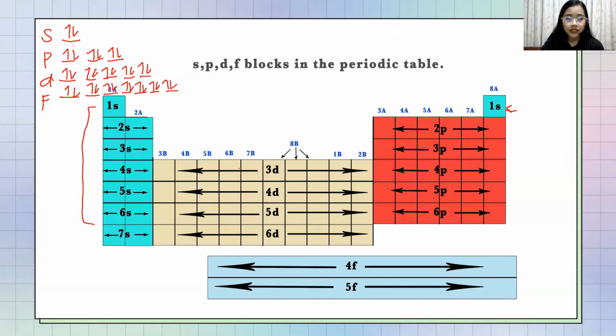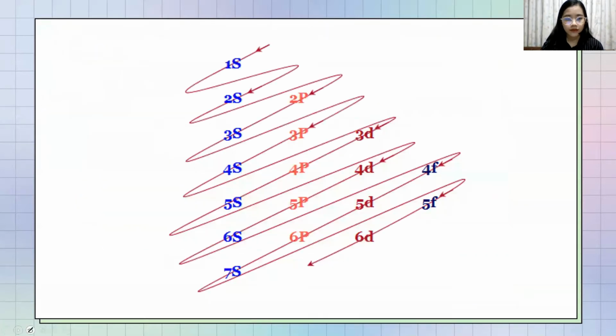The inner transition metals are the D block, and the lanthanide and actinide metals at the bottom are the F block. This is the order that we follow for electron configuration.